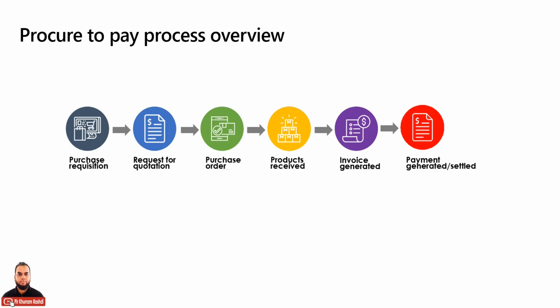This is a typical flow, but it depends on the company or legal entity. Once the purchase requisition is raised, the line manager or head of that department will approve it. It depends on how you configure the workflow, but the normal process should be like this.